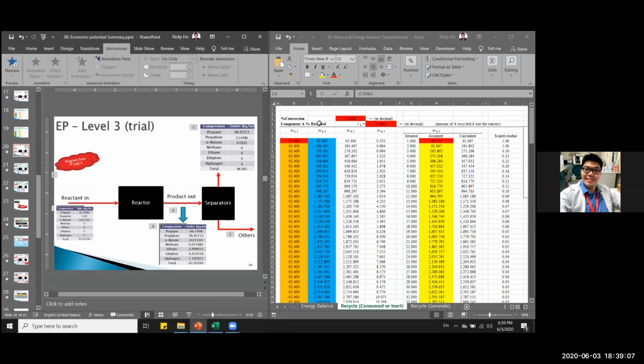So there is a percentage recycled using the same equation. The amount of butane recycled is 0.0125 divided by butane that is exiting the reactor, 0.01334. So the ratio will be 0.9370.